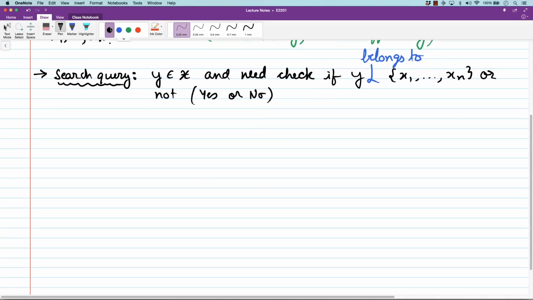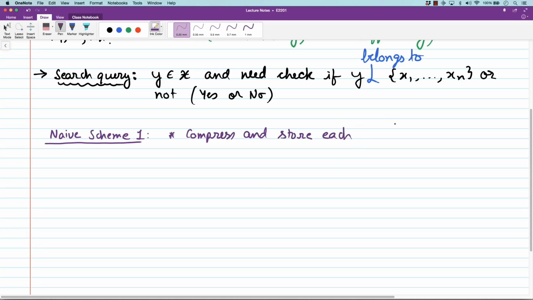So let me present naive scheme 1. Okay, there are two naive schemes we present. Naive scheme 1. What does this scheme do? So what we do is compress and store each data point xi.